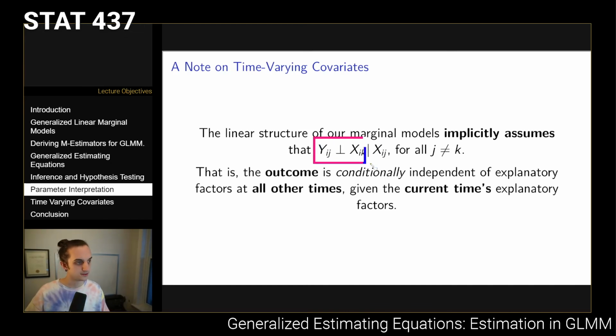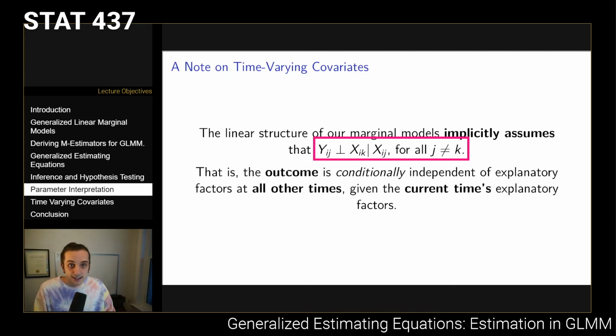So in particular, without explicitly specifying this, we are assuming that the value of Yij is going to be independent of all of the covariates that we're including, except for the covariates measured at time j as well, assuming that we have those, right? So put differently, Yij is independent of xik given xij for all j not equal to k.